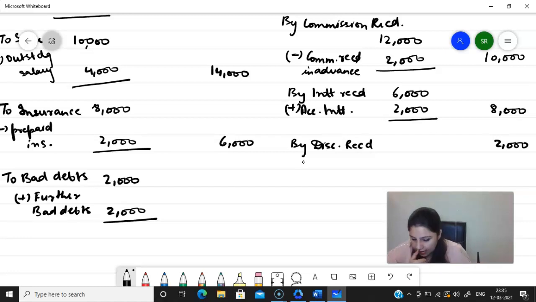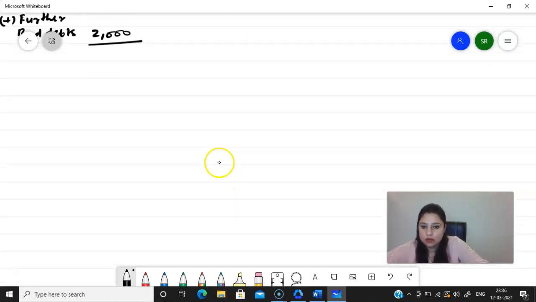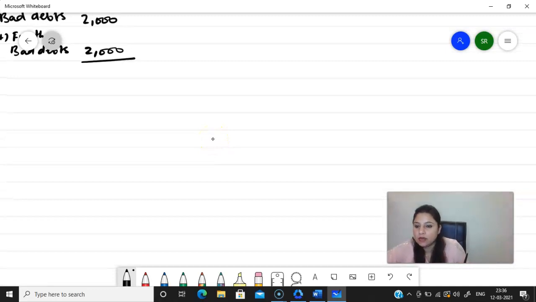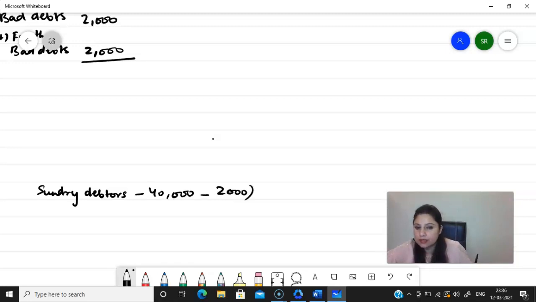So this is the total, and along with that we have to make a provision for bad debts at 5% on sundry debtors. So let us first see. Sundry debtors have been given to us as 40,000, from which the further bad debts would be subtracted. So 40,000 minus 2,000, and on this 38,000 we would be creating the provision for bad debts at 5%.